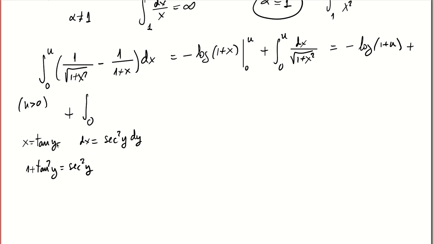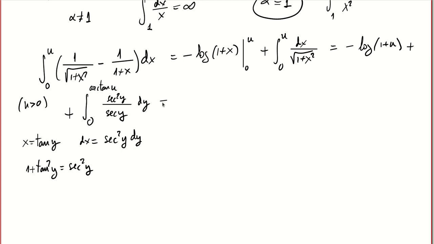The upper limit is the angle for which the tangent is equal to u. So it's the arctangent of u. Then we have the secant in the denominator with a square root, so it's just the secant of y. And up here we have the secant squared, dy.